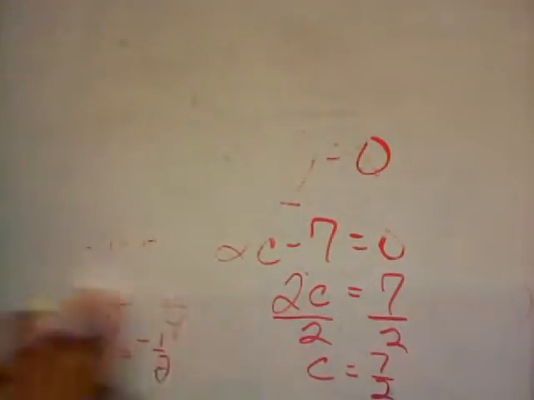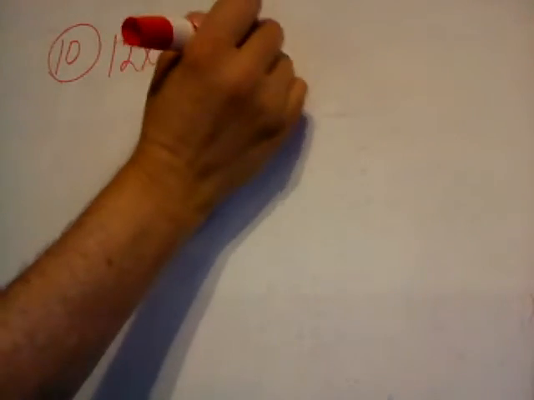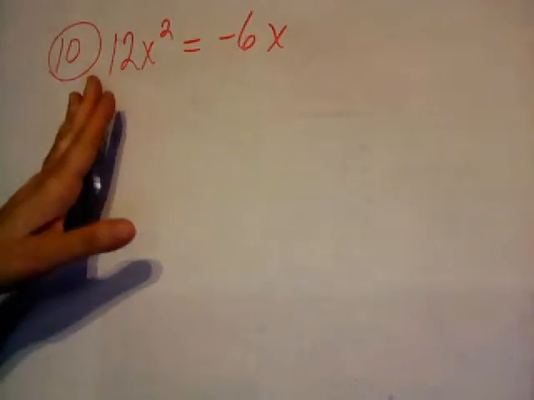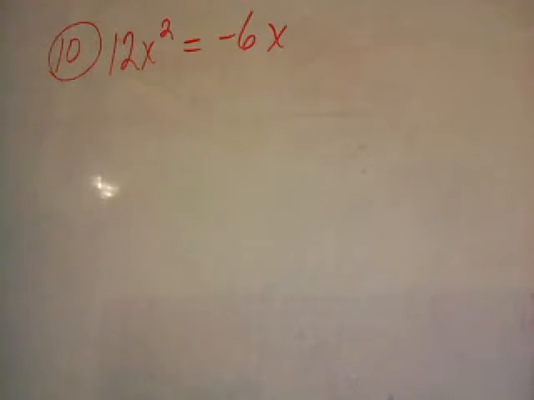All right, I'm going to continue working down. Let's look at number 10. Number 10 says 12x squared equals negative 6x. Now, so far they've been nicely equal to 0. This one is not.